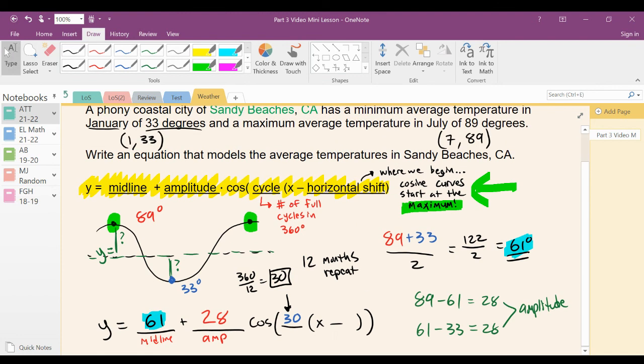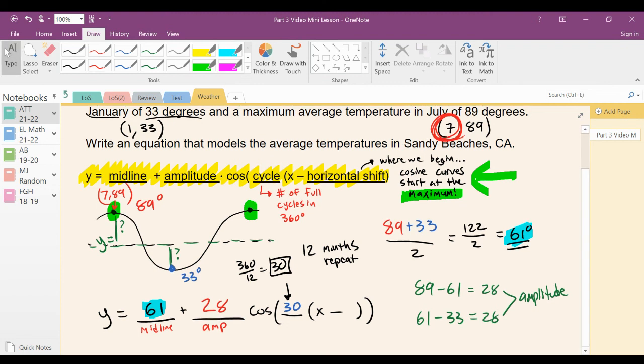And since July is the 7th month, we want to shift our equation over 7 to the right so that our first point is that 7 comma 89 that we care about. After that, every value is going to repeat on this 12 month cycle. So we'll hit that minimum, not necessarily at 1, but 1 plus 12, or at 13, comma 33, and so on and so forth.